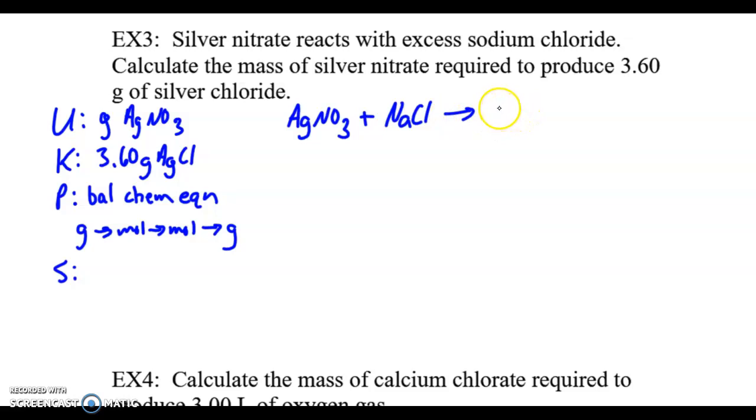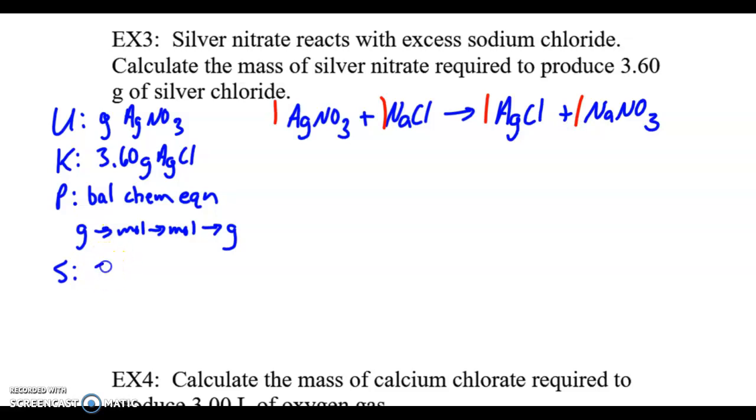And then that's going to make AgCl and NaNO3. All right, and you know, when you balance this thing, well, they're all ones, so the mole ratio here will just be a 1-to-1 ratio. Anyways, let's work our way through this problem.